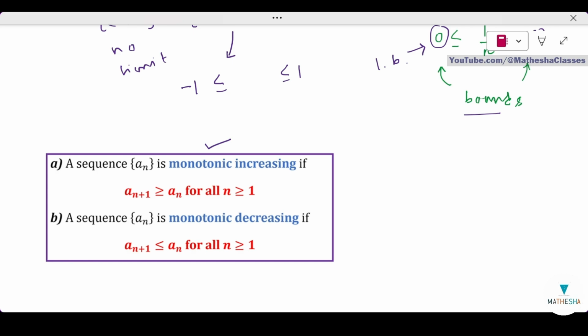So if you have a sequence an, with terms in the form an, putting n equal to 1 you get the first term a1, putting 2 you get the second term a2 and so on, then we call it monotonically increasing if an increases as n increases. So a2 has to be bigger than or equal to a1.